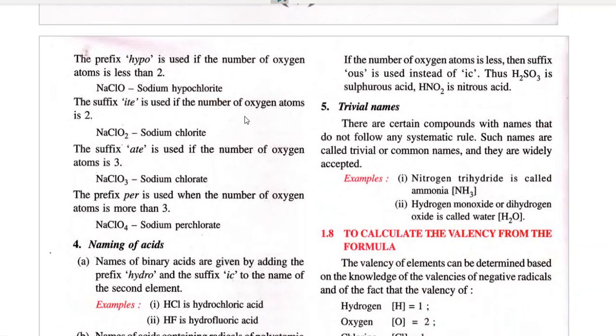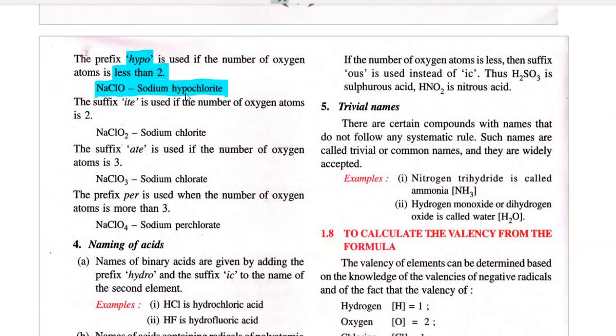For example, you can use hypo if the number of oxygen atoms is less than 2. For example, NaClO, sodium hypochlorite. First you have written the metal, then prefix hypo is added because the number of oxygen atoms is 1, which is less than 2. So hypo, and then chlorine, but you have to add a suffix.